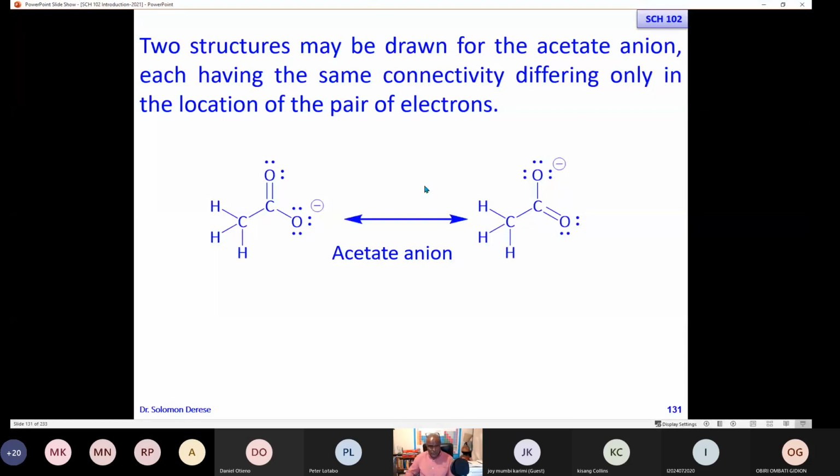So we draw these two structures, and these two structures are related as structures of the same molecule. They are the average of these two, and the relationship between them is represented by a double-headed arrow, as we shall discuss in a short while.